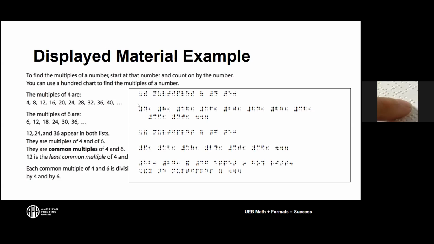Now how come we've got this displayed material starting in the same cell as the paragraph material before it? Well, it's because this paragraph is indented. If this paragraph went on and on, it would run over in cell 1. And we figure out what our format for displayed material should be based on the runover, whether there is one or not. So again, if this paragraph went on and on, its runover would be in cell 1.